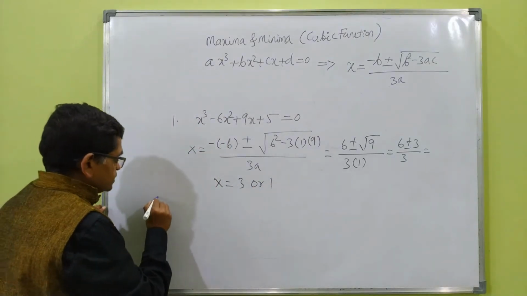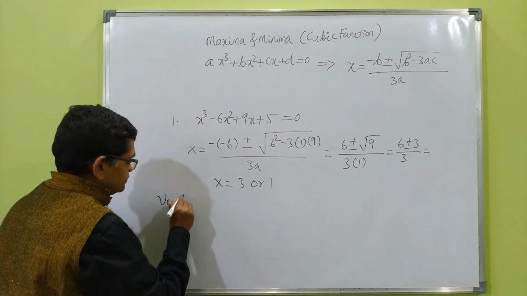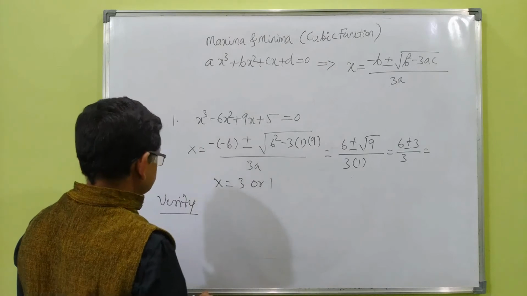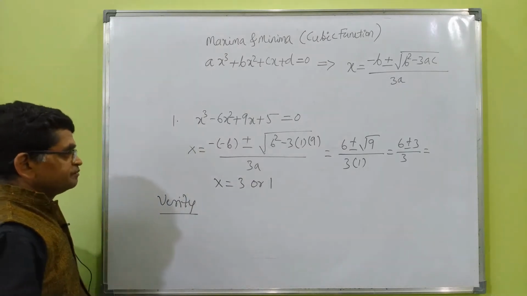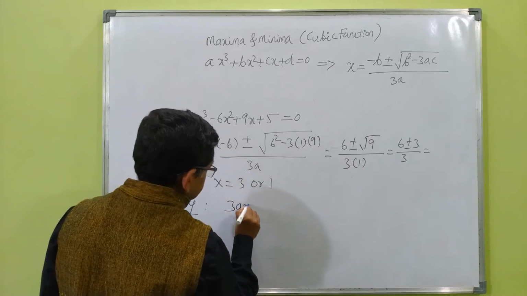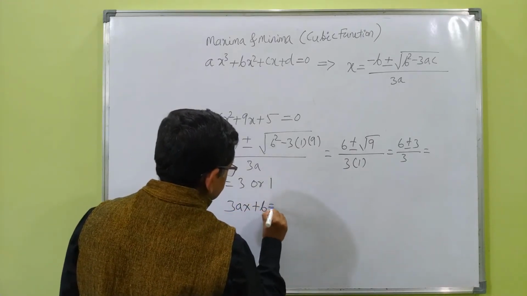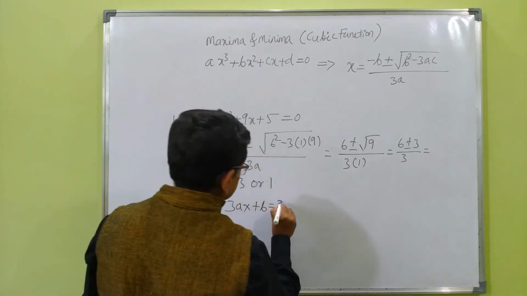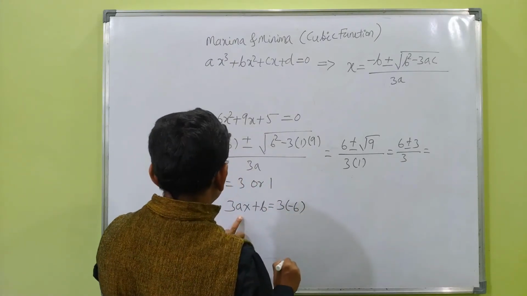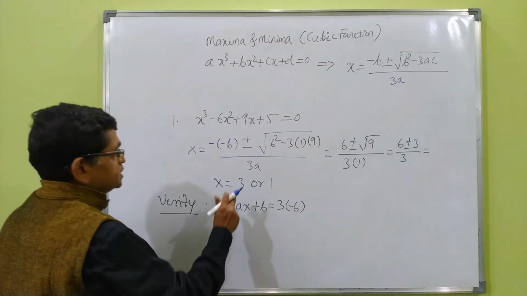So you can verify, that is 3ax plus b is equal to 3 into minus 6 at x is equal to 1.